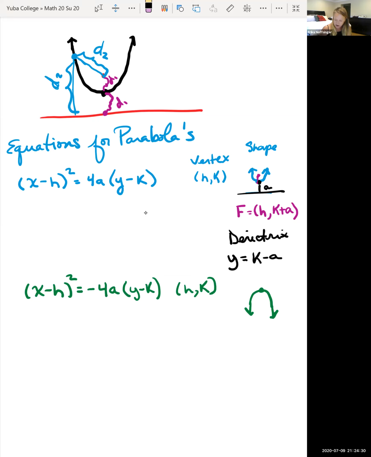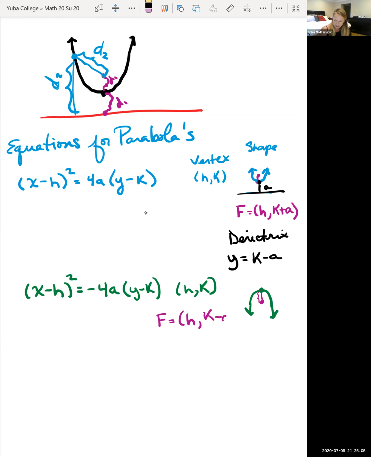So let's figure out how to locate the point of the focus and the line of the directrix. Well, the focus is down in here. Well, this is again HK. I'm just changing my Y value of my point from my vertex to my focus. My X value is going to stay the same. So the focus is going to be at H, but this time I'm going to take my Y value, my vertex K, and I'm going to subtract that A value.